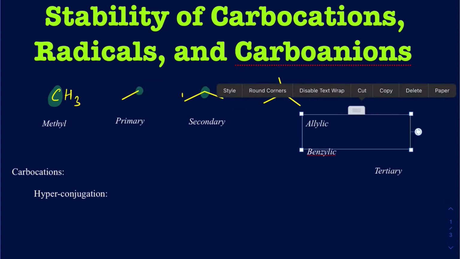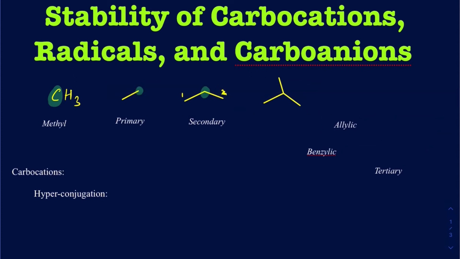And then eventually we could have a positive charge, negative charge, or electron on this particular carbon. So now this has three other carbons attached to it. So that's going to be called tertiary carbocation, radical, or carbanion. And then you can have another position where, let's say I got something like this.